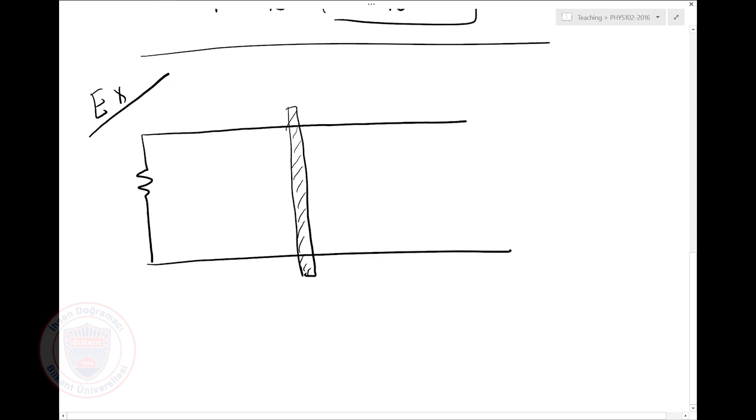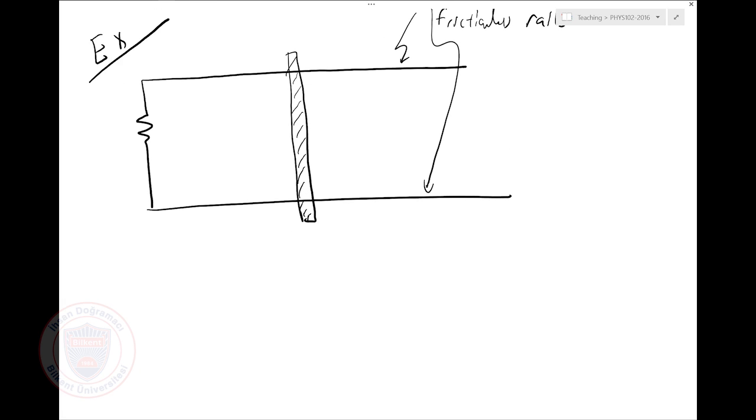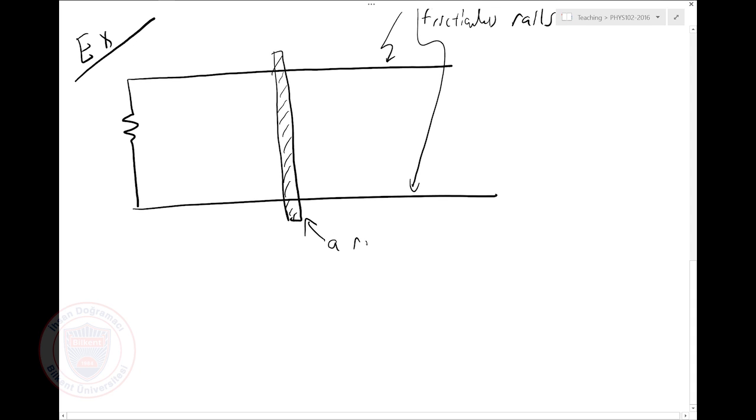So here we have two frictionless rails, okay, and a rod with negligible resistance.